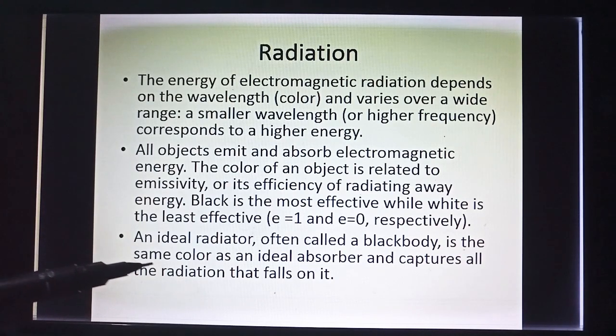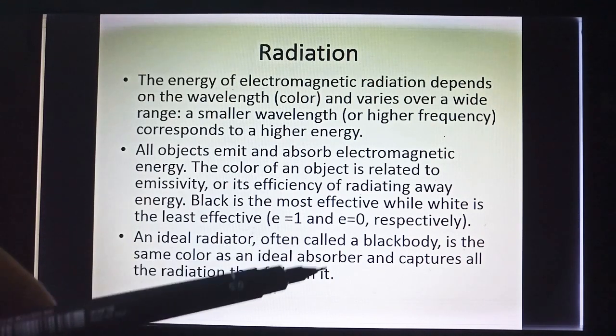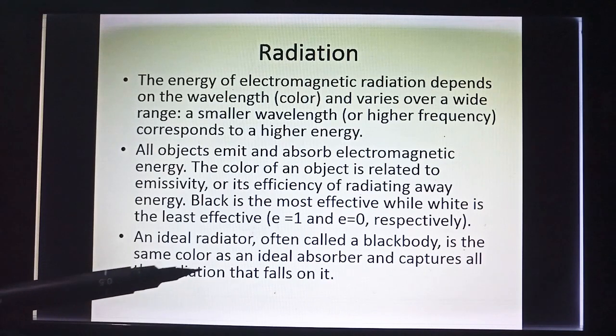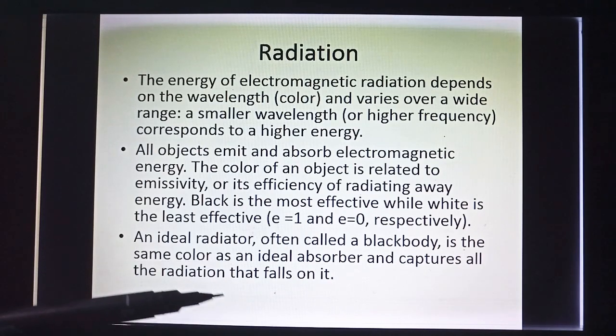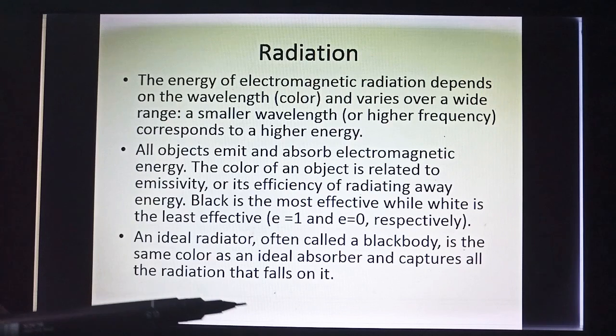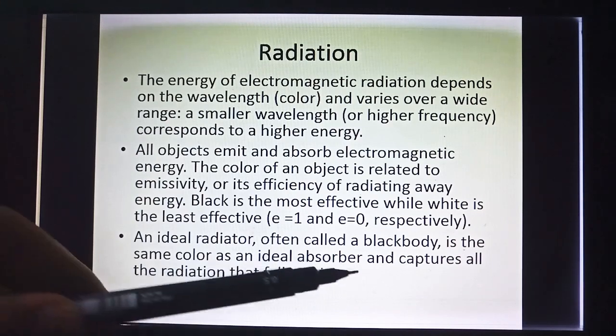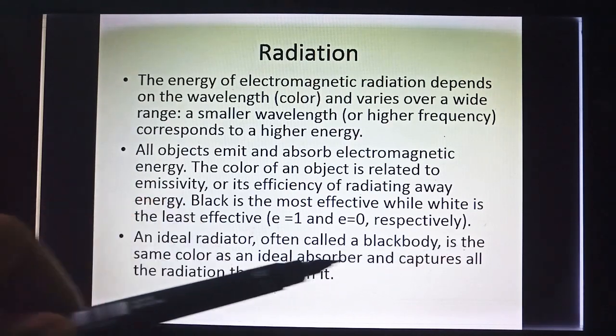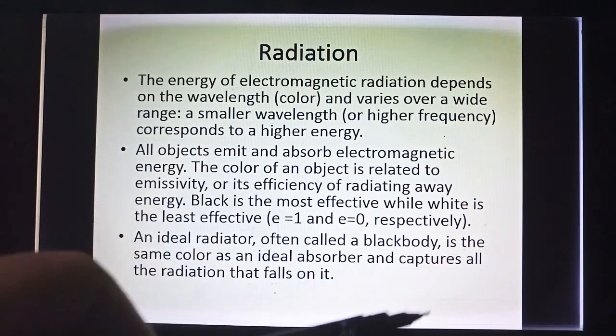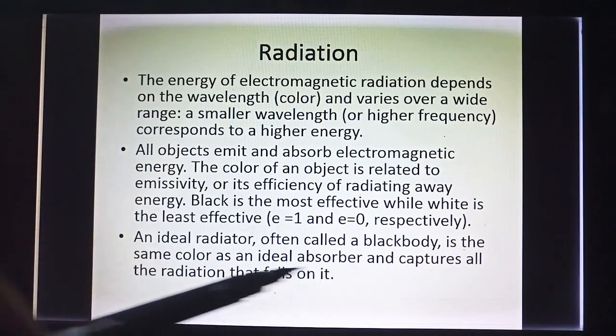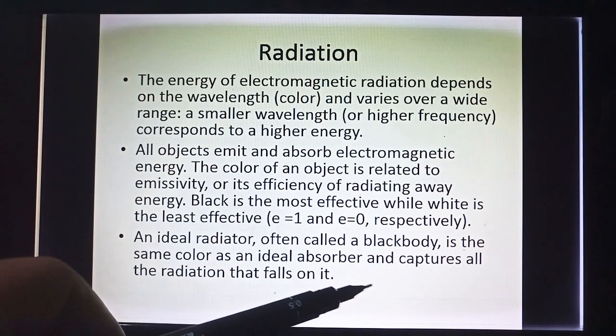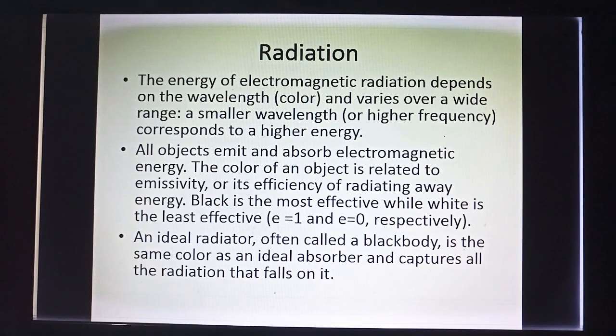An ideal radiator, often called a black body, is the same color as an ideal absorber and captures all the radiation that falls on it. So we have this term black body, that is the same color as an ideal absorber and captures all the radiation that falls on it.